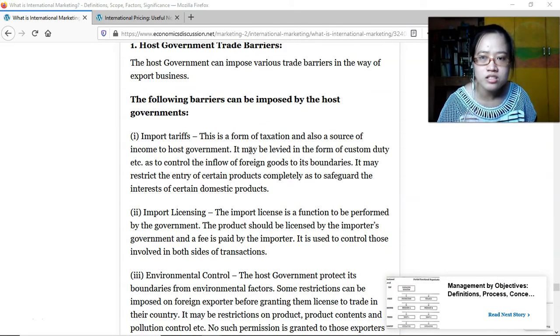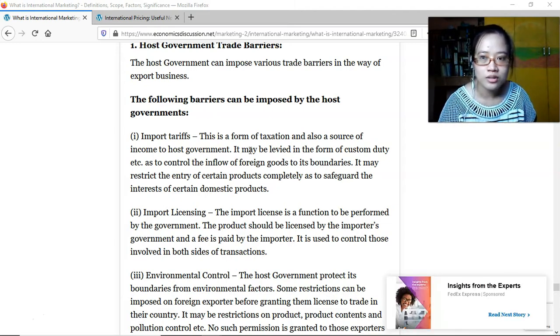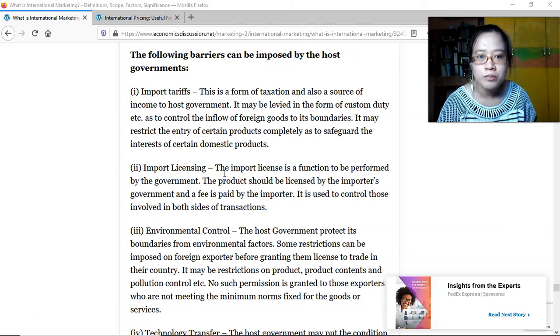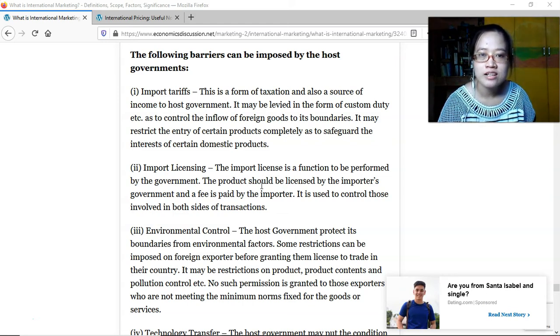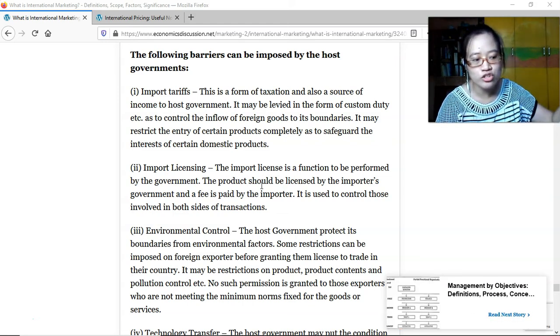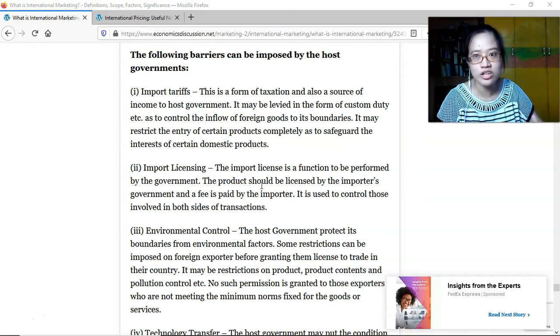Import tariffs. This is a form of taxation or fees that the incoming company or business would have to pay. Import licensing, a function performed by the government. Normally imports do have limits. So let's say importation could only account for 40% of the supply in a particular country, and the remaining 60% is reserved for local producers.